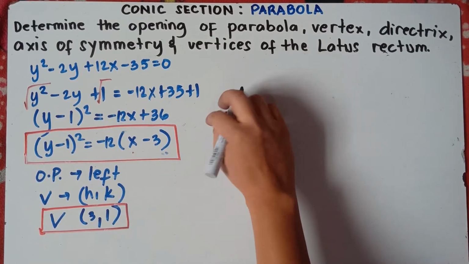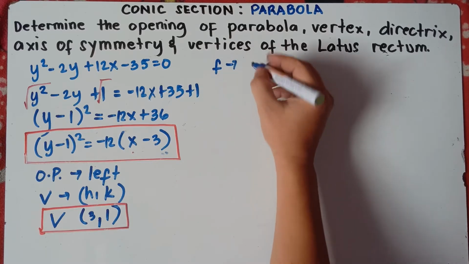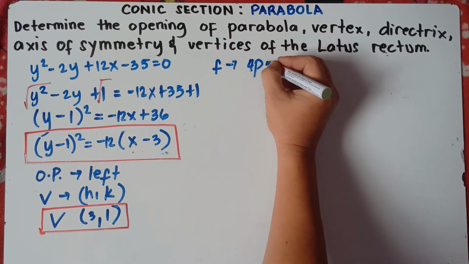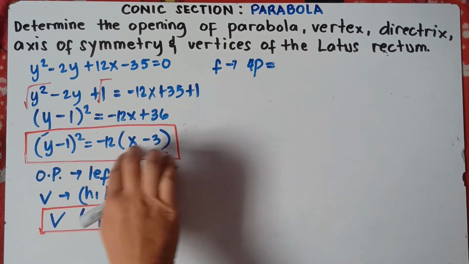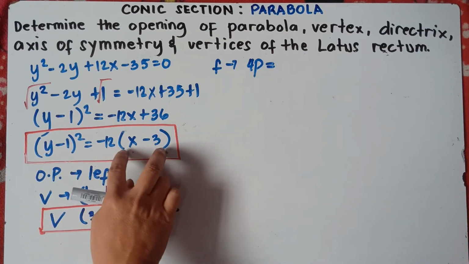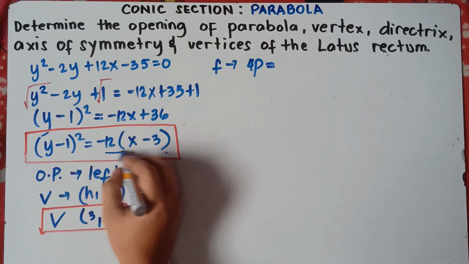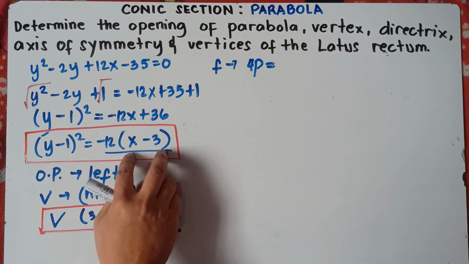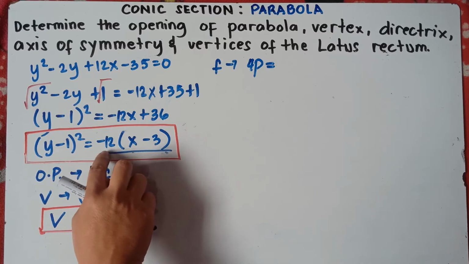So the focus, the formula, class, is 4p equals, get the value of this one. Okay, 4p, and then you get the value beside the quantity, the right side of the equal sign. This will be the equation. You get the value before this quantity, and that would be negative 12.